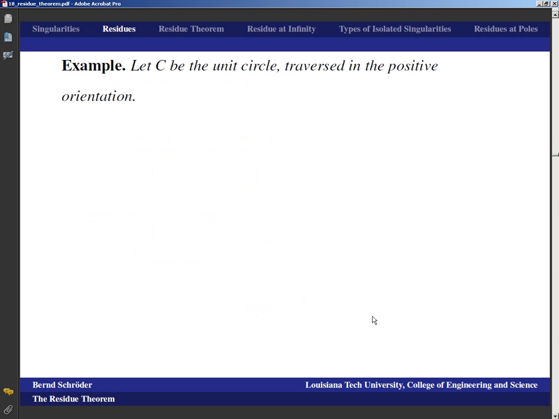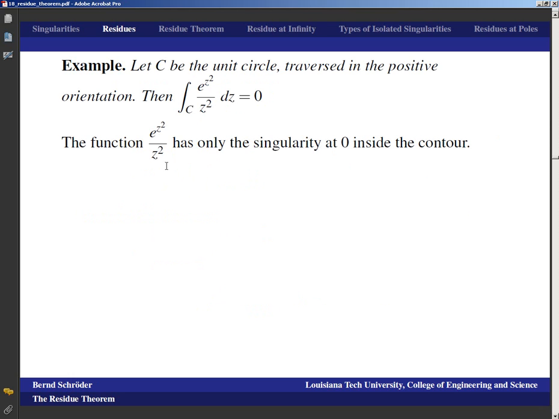If we're staying with the unit circle traversed in the positive direction, then we claim that the integral of e^(z^2) over z^2 dz is equal to 0. And that's because the function e^(z^2) over z^2 also only has the singularity at the origin inside the contour.